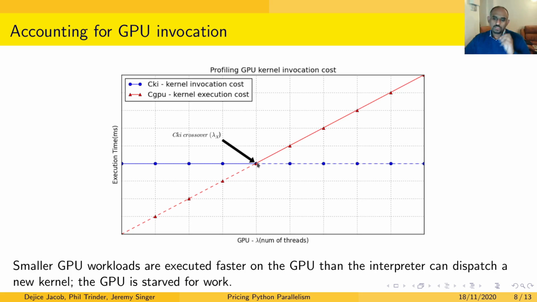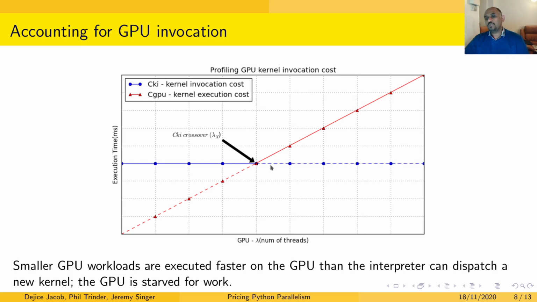And we do this by profiling a very simple statement and then finding the number of threads that it takes to give us this lambda x value, where the GPU is not kept waiting for more work by the interpreter.